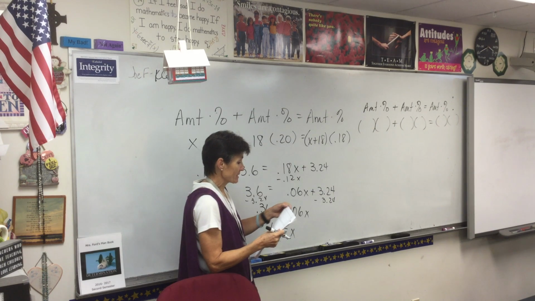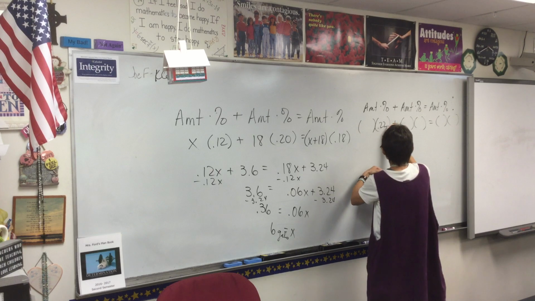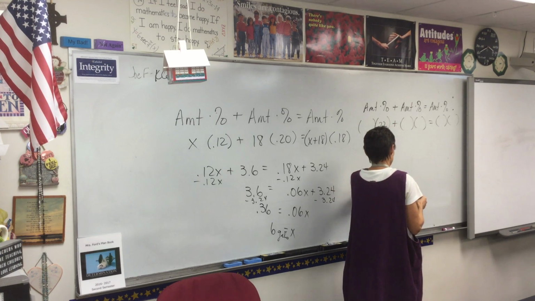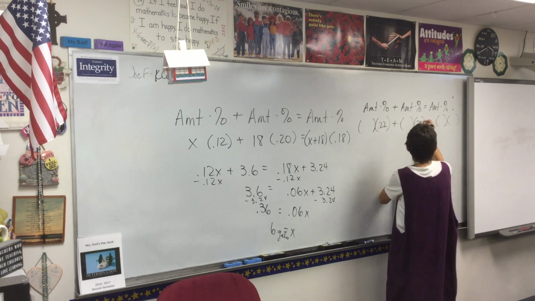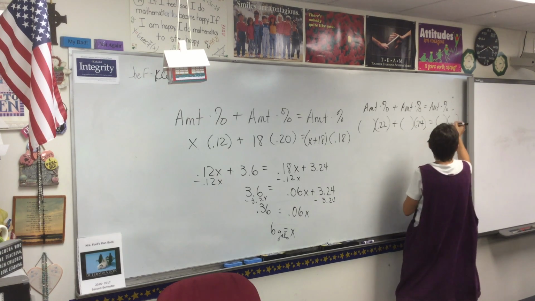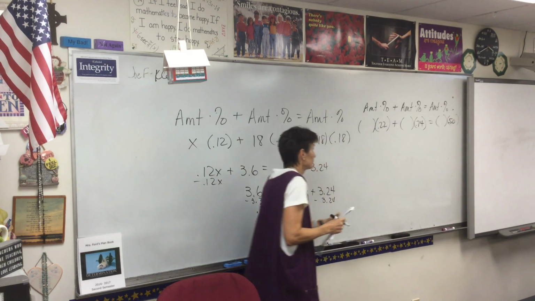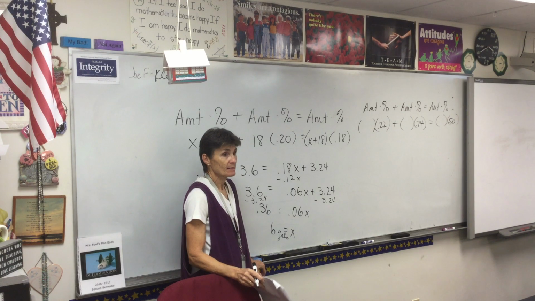Let's fill in all the percents first. So we got a 22% sugar solution. And we're mixing it with a 74% solution. And we're going to get a 50% solution. Does that make sense to everybody?